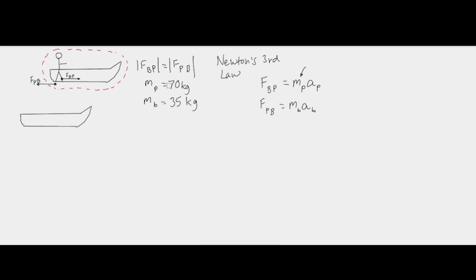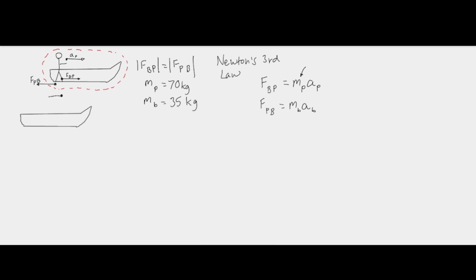Hopefully that makes sense. The mass of the person is greater, so it's going to accelerate less. The mass of the boat is less, so it's going to accelerate more. So even though these forces are the same, as this person starts to move forward and accelerate forward because of that forward force, so we'll draw this as the acceleration of the person, well then the acceleration of the boat is going to be double that.